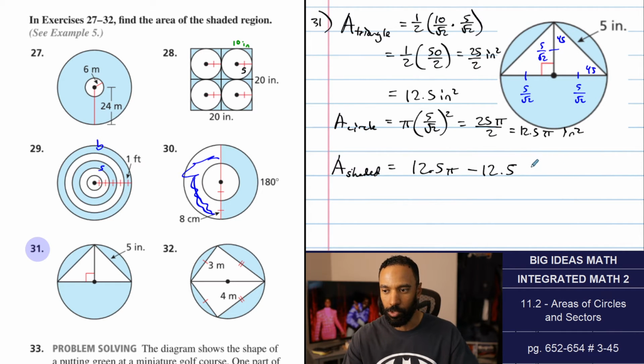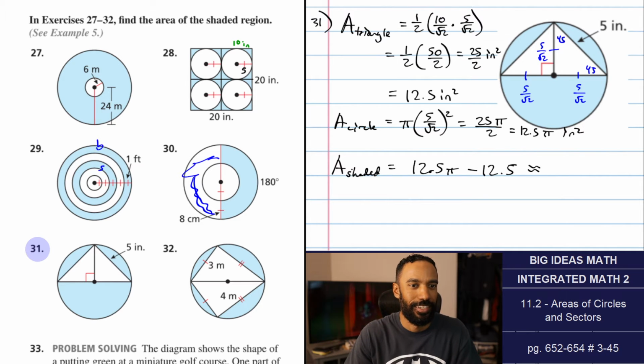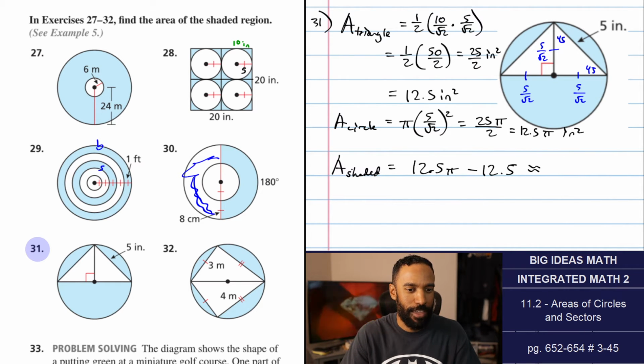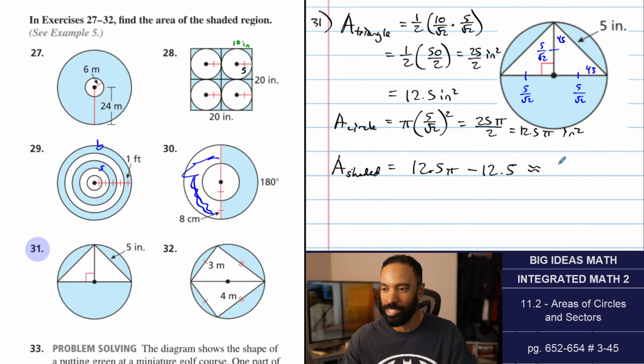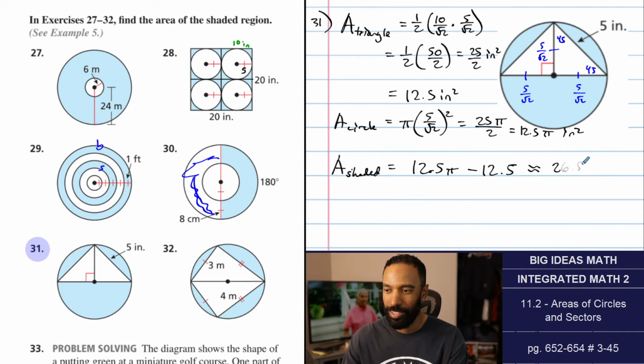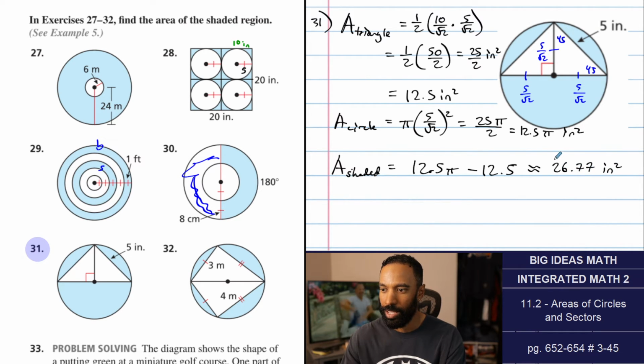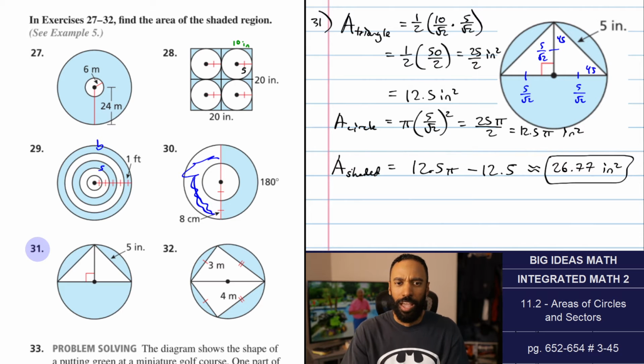And don't say that that equals pi. So 12.5 pi minus 12.5. Assuming all went swimmingly, it's going to be 26.77 square inches. Feel pretty good on that one.